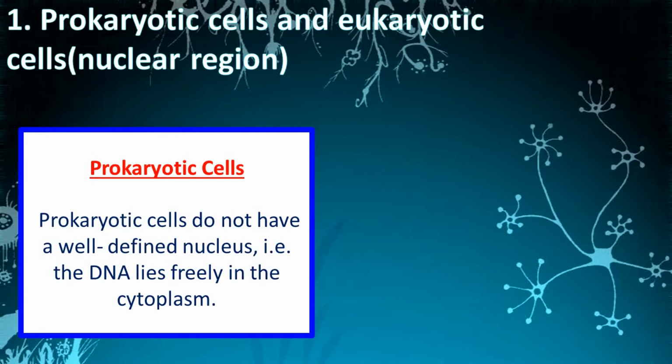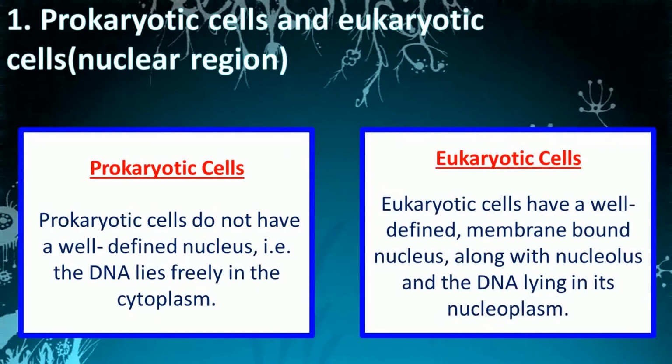That means the DNA lies freely in the cytoplasm. Eukaryotic cells have a well-defined membrane-bound nucleus, along with the nucleolus and the DNA lying in its nucleoplasm. Next question.